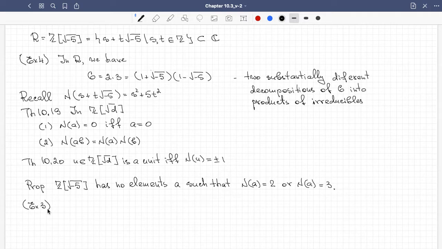The proof is very simple. We simply recall what the norm is.